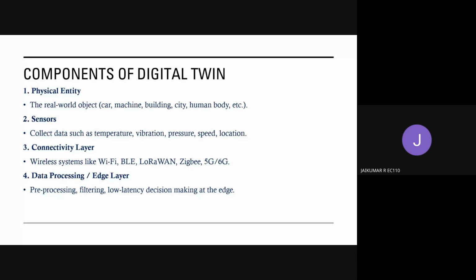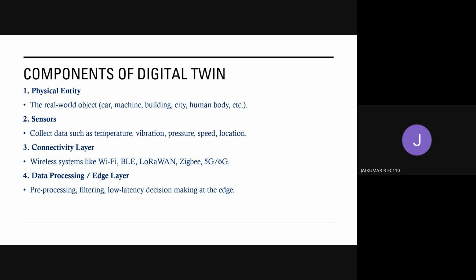Next one is sensors. If you want the digital copy to function properly, you need to have exact data. The data can be taken by using sensors. So we know what a sensor is. A sensor is a device which senses and converts a physical quantity into an electrical quantity.